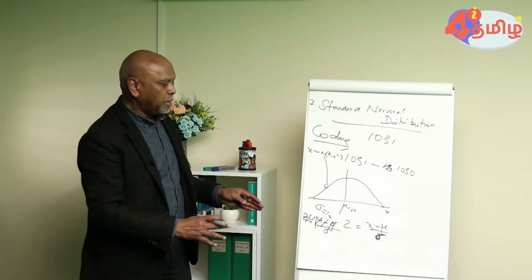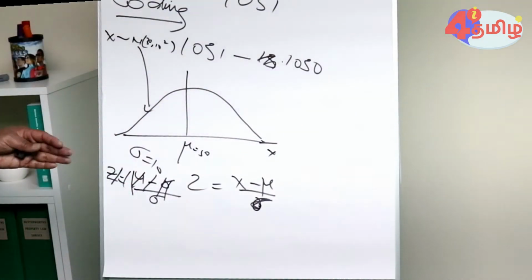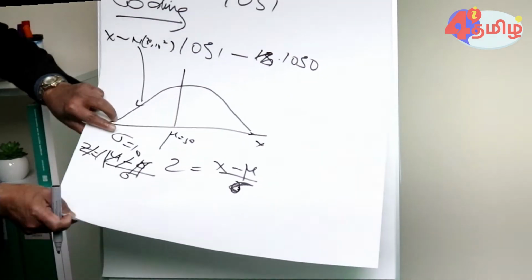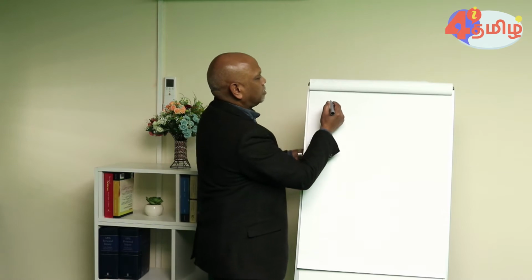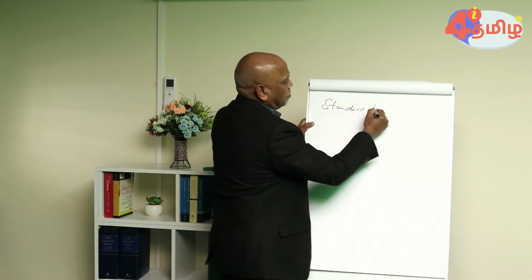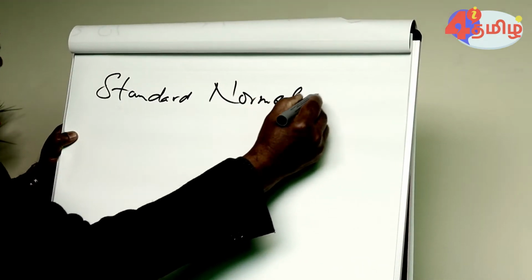Same bell shape, but slightly different values. Otherwise, bell shape, maybe a slightly squeezed bell shape. Standard normal distribution.